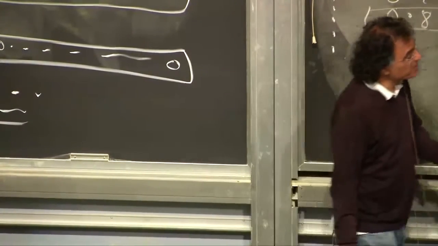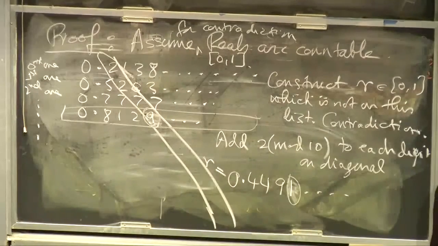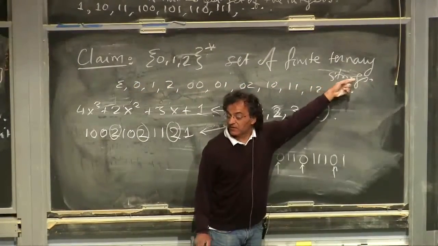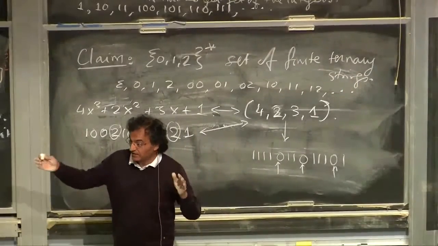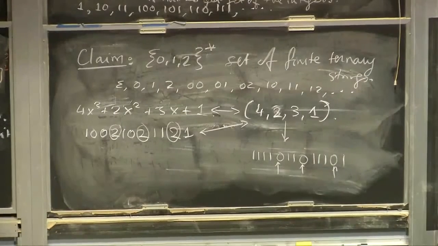Well, remember, the question was, what was different about these binary or ternary strings here? What was different here was these were finite strings. They always end somewhere. They're arbitrarily long, but each of them ends. Whereas when we are dealing with real numbers, they are infinite expansions. And so this is just qualitatively completely different.